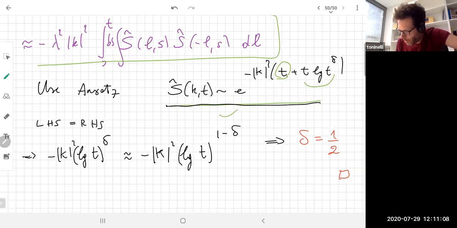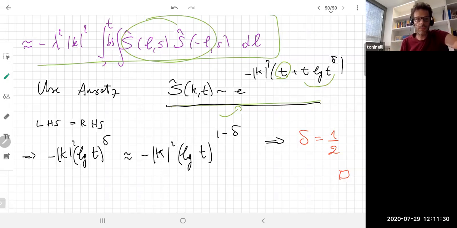You take this form, you compute this integral, which is just a convolution. And miracle, well, not so miracle, at the end the left-hand side gives you minus k squared log t to the power delta, and the right-hand side gives you minus k squared log t to the power 1 minus delta. So this is possible only if delta is equal to 1/2, clearly. It's as simple as that.